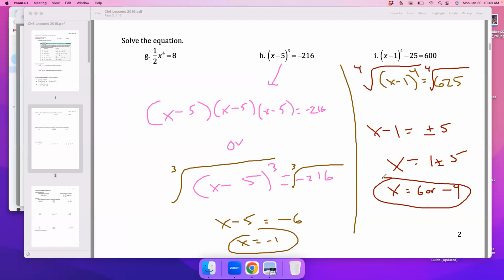6 times 6 is... No, but it's a square, it's a cube root. That's different. Same exact amount.